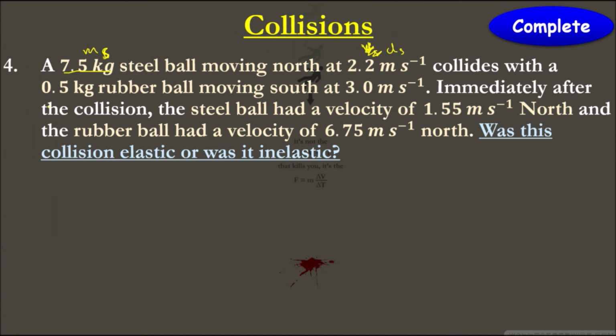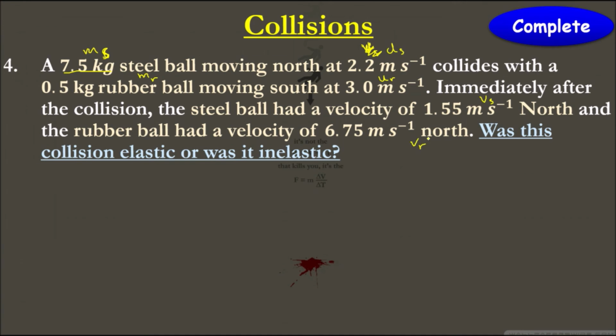It's just the annotation. It collides with a rubber ball of mass mr 0.5, moving south at that particular velocity. We're going to call that ur. Immediately after, the steel ball is going north, that's its final velocity, and the rubber ball is also going north, upwards there.